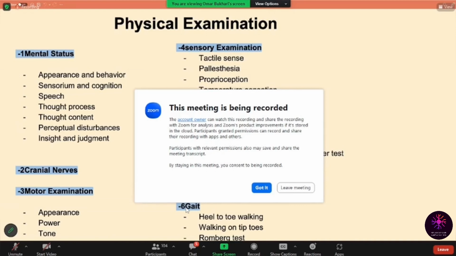Sensory examination, such as tactile sense, proprioception, temperature sensation. Coordination, we examine finger to nose, heel to shin test, rapid alternating movement. Gait, we ask the patient to walk, heel to toe, and the Romberg test.